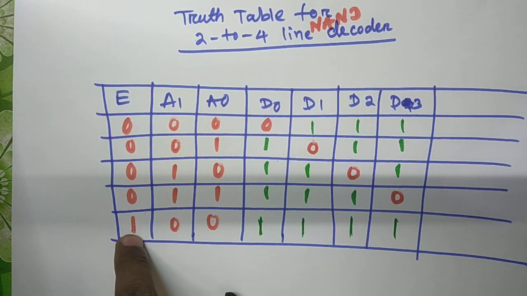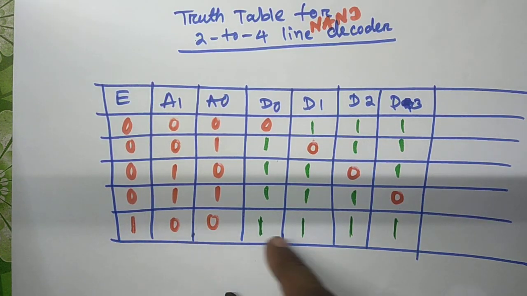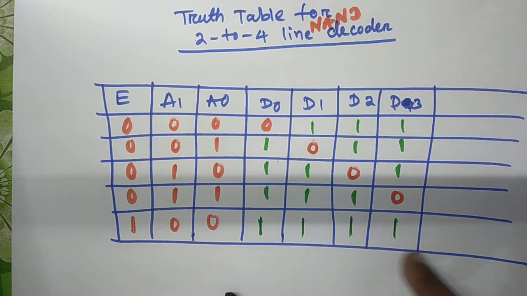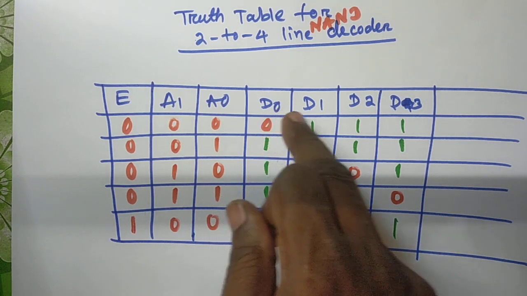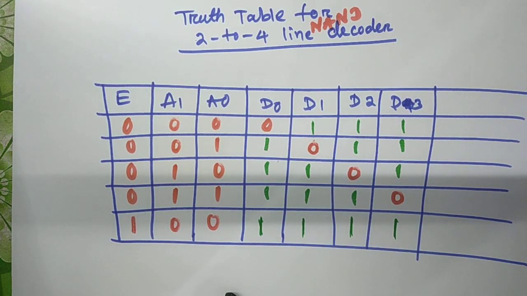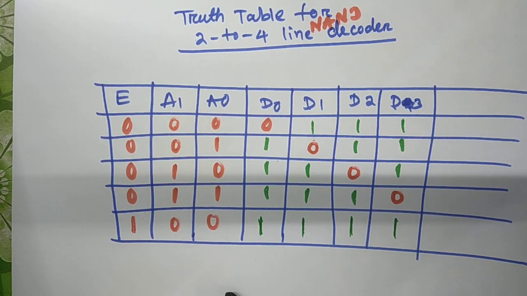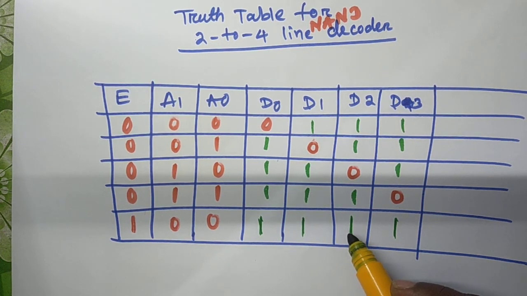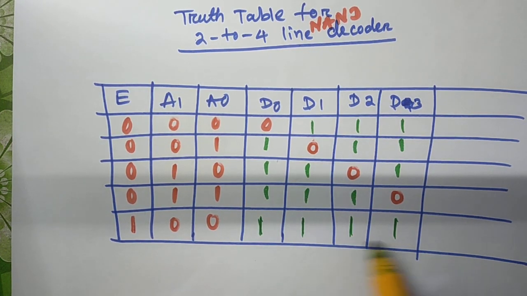If enable is 1, whatever value we put, it will be 1, 1, 1, not 0. If it were 0, 0, then D0, D1, D2, D3 would be activated at a time, which is not right. So automatically D0, D1, D2, D3 are all 1.